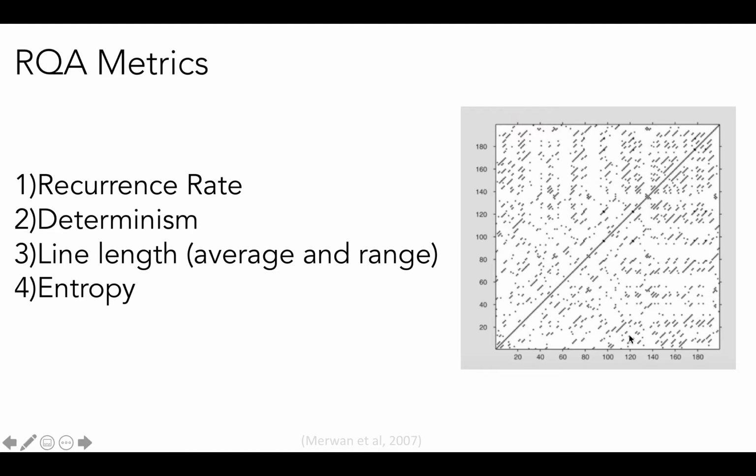And what you're looking at here is the same dimension on both axes. It can be any property, but usually if you're doing time series, time is going to be on both dimensions, so it's a symmetrical plot. Every time there's a dot, that means there is a recurrence.